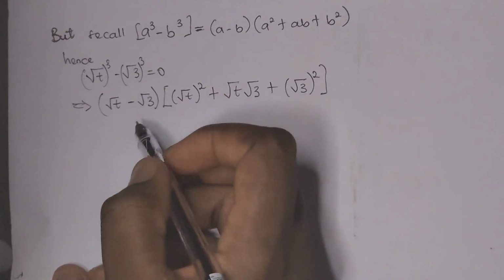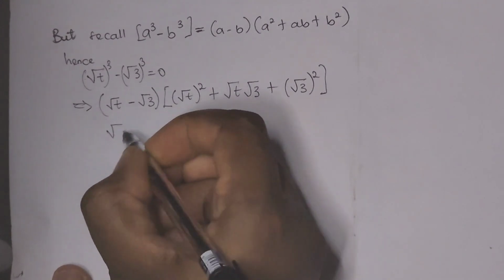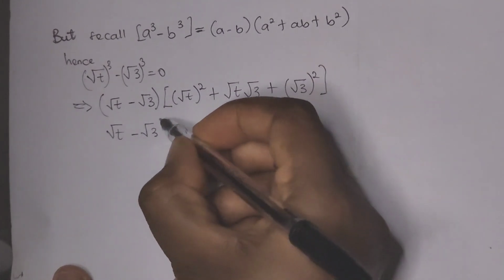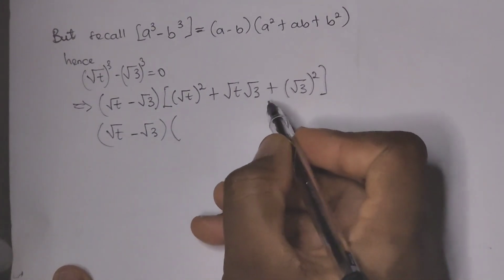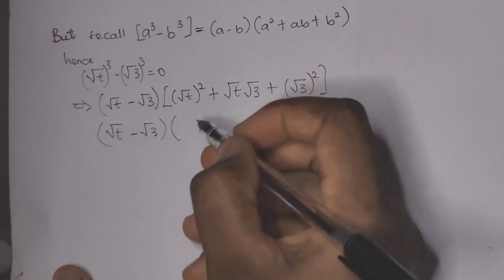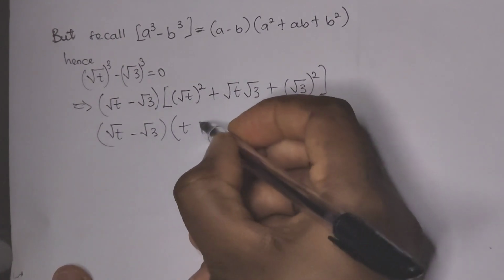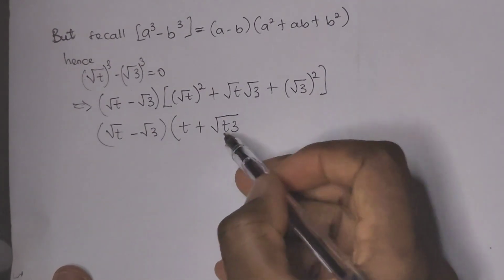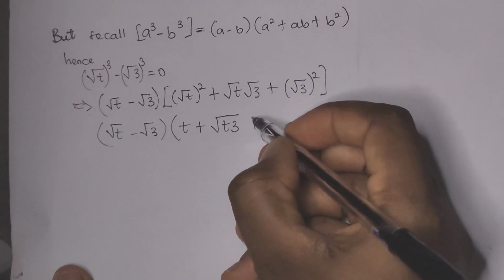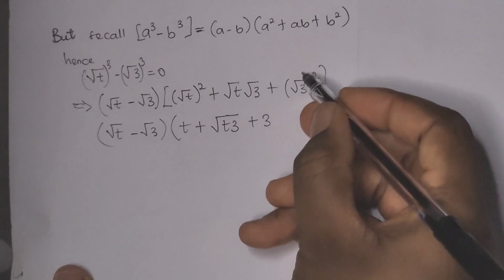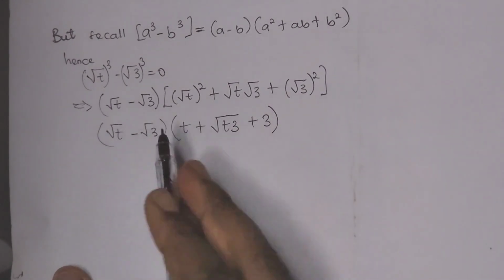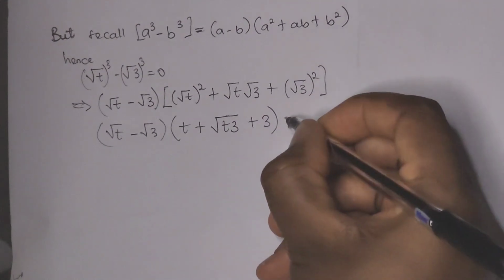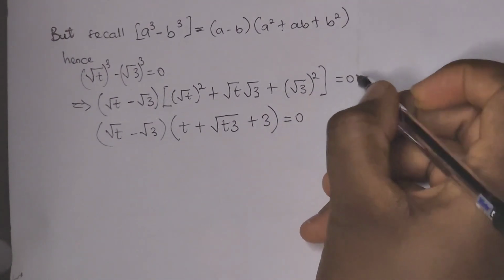Let's keep breaking it down. This will become square root of t minus square root of 3. Resolving this, this square cancels this square. We now have t plus root 3t plus 3. Remember, all this is equal to 0.